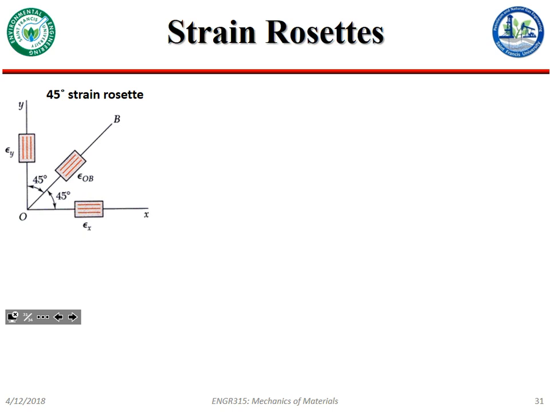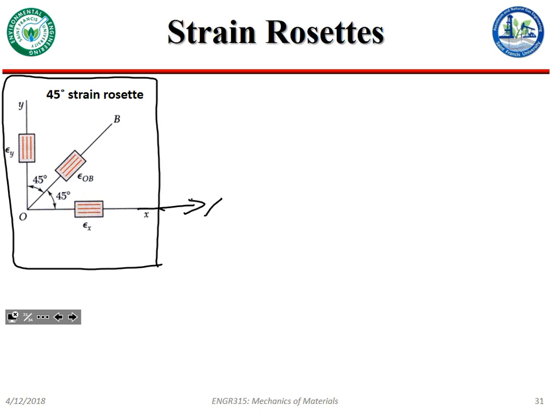You also see them like this, in a 45-degree strain rosette. Say this is your block material, so this would be the X direction and this would be the Y direction. We have a gauge pointing in X and Y, so we can directly measure the strain in X and Y.